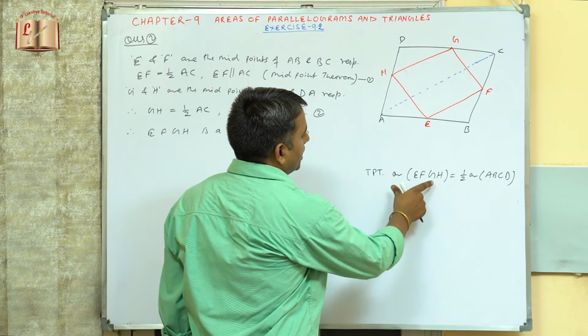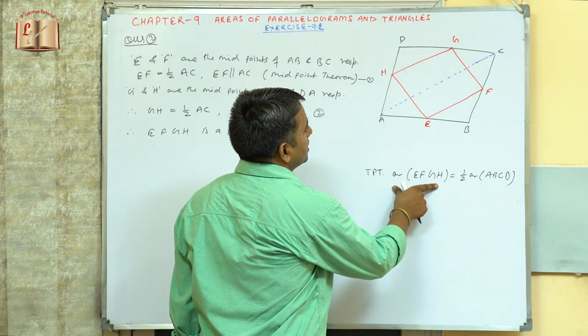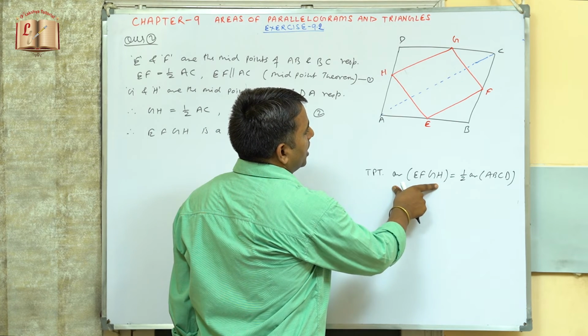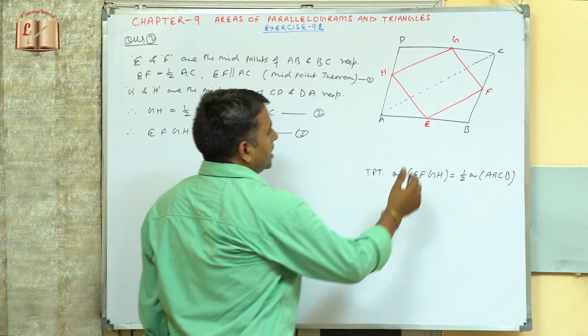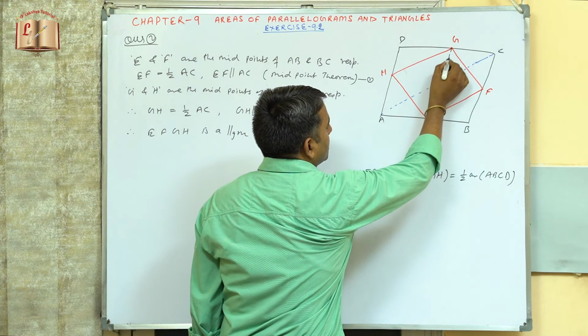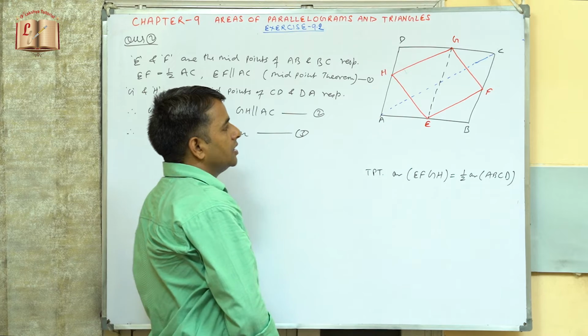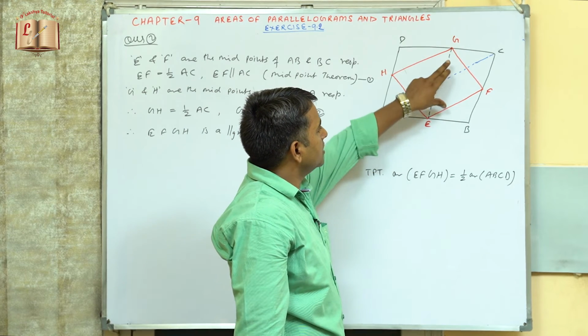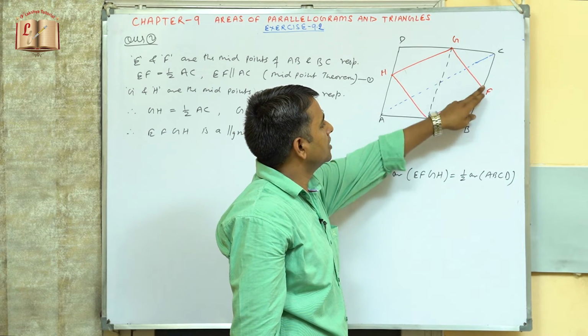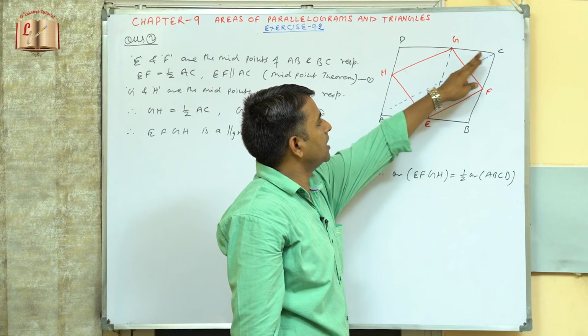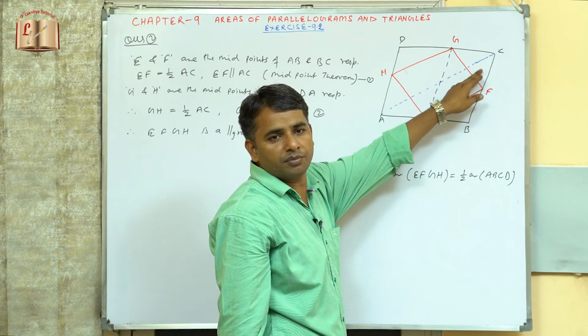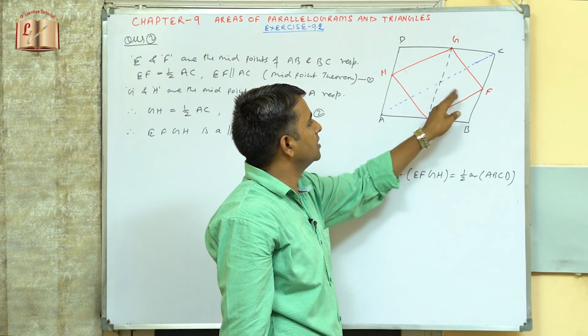Now we need to prove that the area of EFGH is equal to half of the area of ABCD. Now we can join these 2 points. So now see that this triangle and this parallelogram are on the same base and between these 2 parallels.